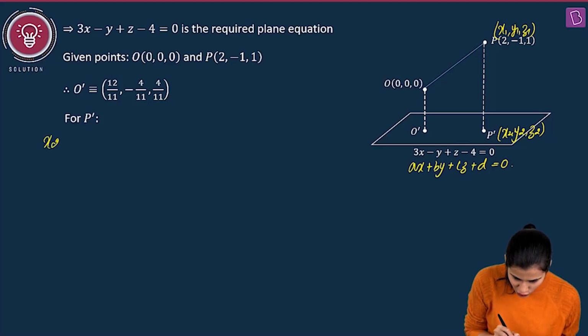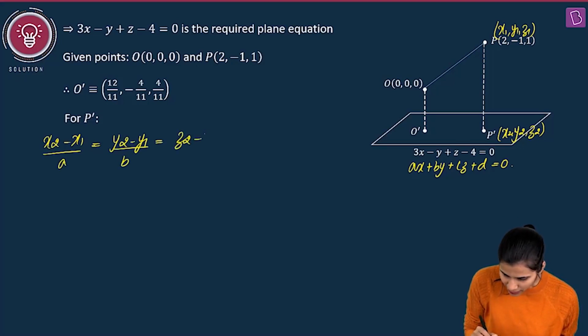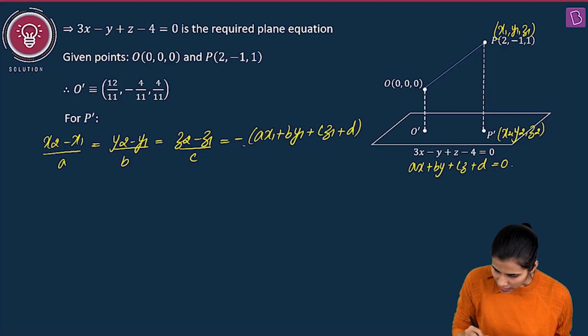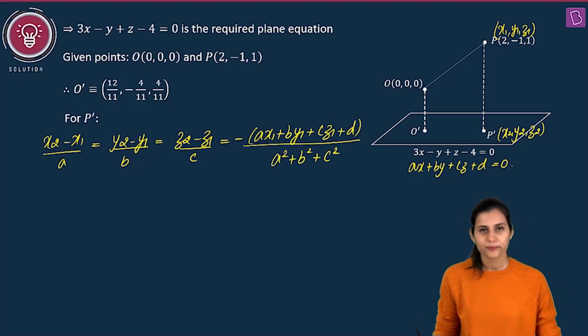Again same, x2 minus x1 upon A equals y2 minus y1 upon B equals z2 minus z1 upon C equals minus of ax1 plus by1 plus cz1 plus d upon A square plus B square plus C square.